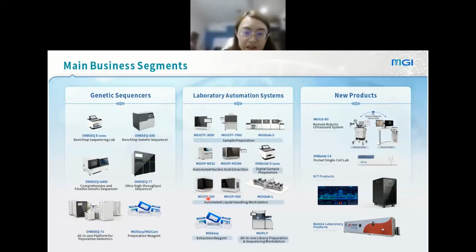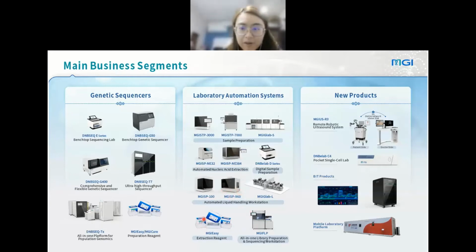And then we have our automated liquid handling workstations. We have the MGI-SP 100 and 960. These instruments are used to prepare our DNA library or RNA library. Another advantage is that they can also perform nucleic acid extraction, whereas the previous one just does the extraction. This instrument can do both extraction and library preparation.